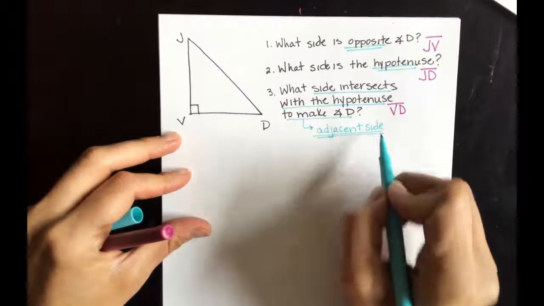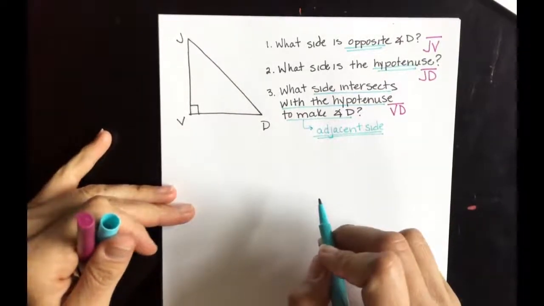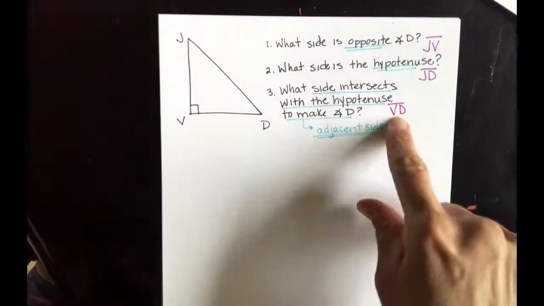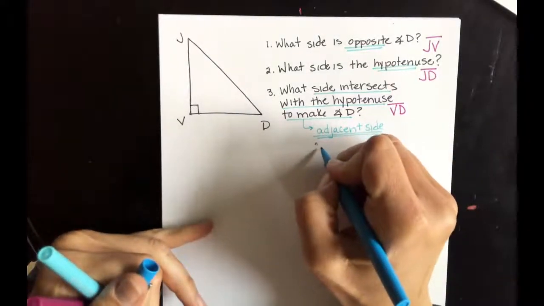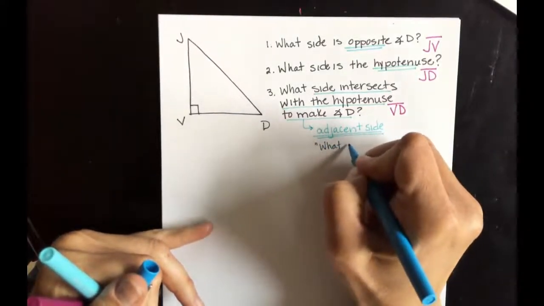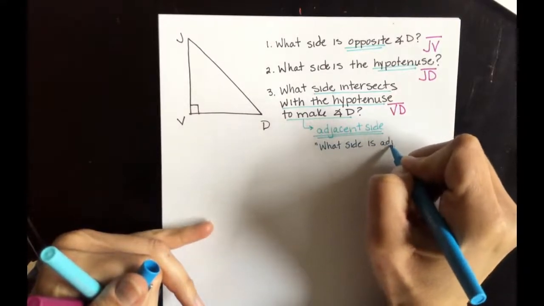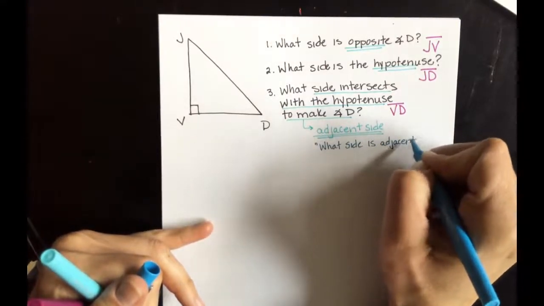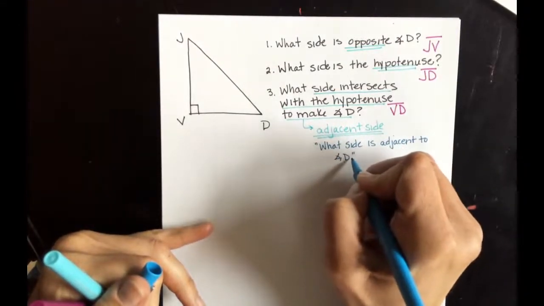If I would have asked what side is adjacent to angle D, then you would have told me that same answer. What side is adjacent, meaning right next to angle D?